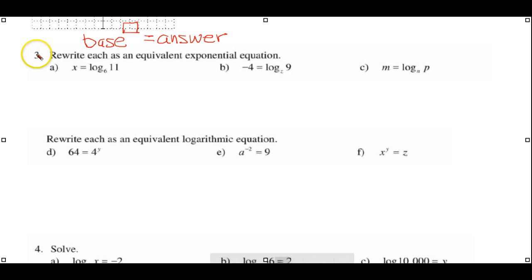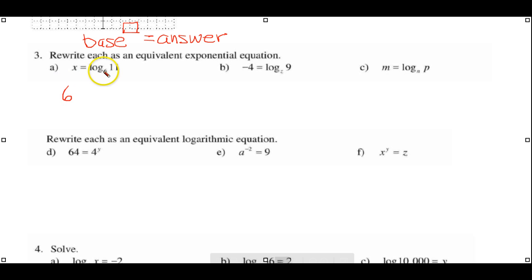Now in example 3, we're asked to rewrite each as an equivalent exponential equation. Right now they're in the log form. Well, remember our little helper, base to an exponent equals an answer. So we can start right here. Our base is 6.